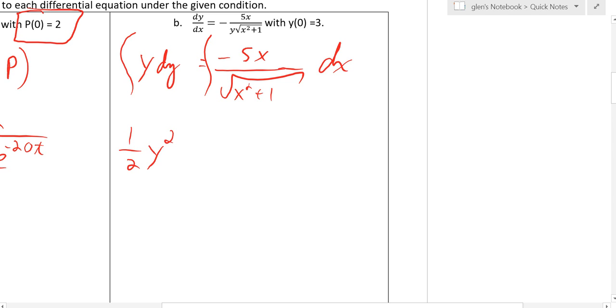A half y squared. And that's going to equal, over here you should technically be doing a u du, like u is x squared plus 1, that's the inside part. Du would be 2x dx. So you'd move that negative 5 out front, you put the 2 in, which means you got to divide by 2.